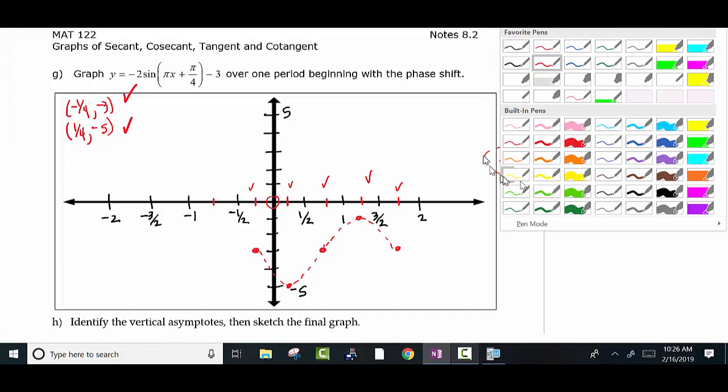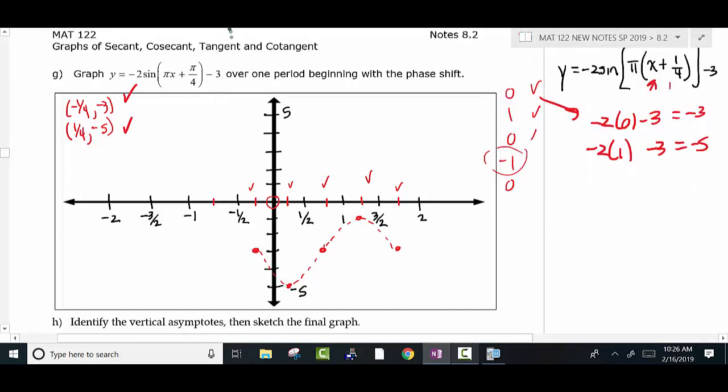Now what you should have done on your graph is asymptotes occur at these midpoints. Okay, so we're going to go ahead and just sketch in the vertical asymptotes. One of them will go through negative 1/4. Another one will go through positive 1/4. Well, no, not that.